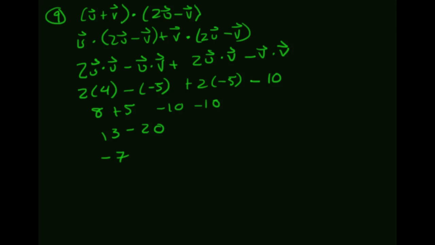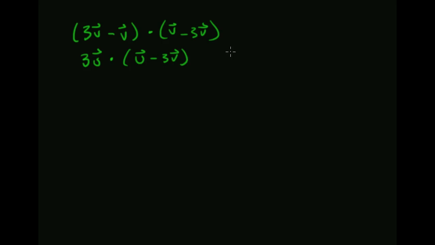Let's look at number 10. Number 10 says take 3u minus v dot u minus 3v. All right, so we distribute again. So we're going to get 3u dot u minus 3v minus v dot u minus 3v.